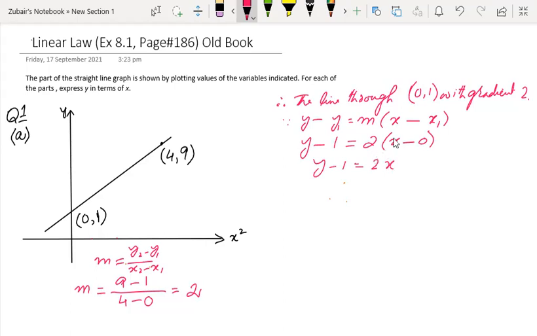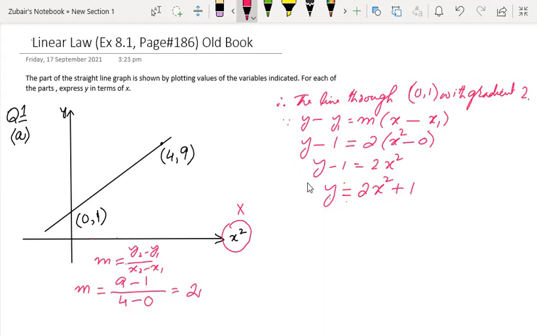Now what do we have? y equal to 2x plus 1. But here one thing, what is that? Here, if you see, this is x square on the x-axis. So basically that is x, right? So here, instead of x, we have to show square, the same value on the axis. So this will be square, this will be square.